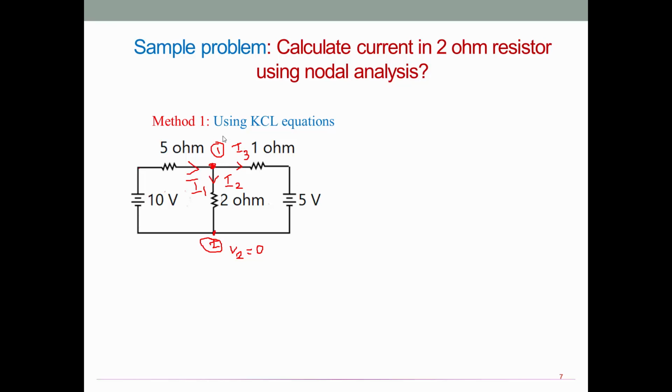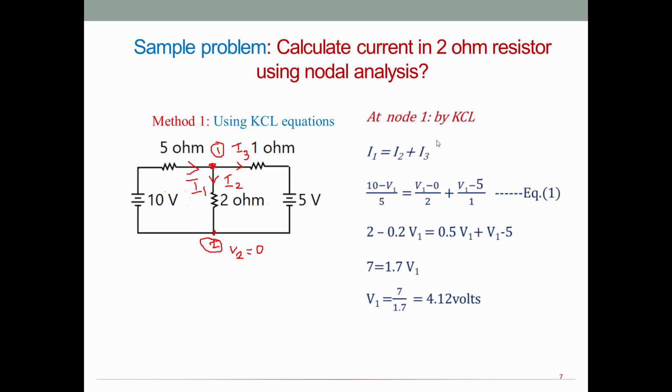According to KCL, current flowing towards a node is equal to current away from the node. So at node 1 by KCL I am writing this equation: I1 alone towards the node, that is equal to I2 plus I3. These two are away from the node. Then what is I1? In order to write down the I1 equation, this is your I1 direction, which is connecting node number 2 to node number 1.